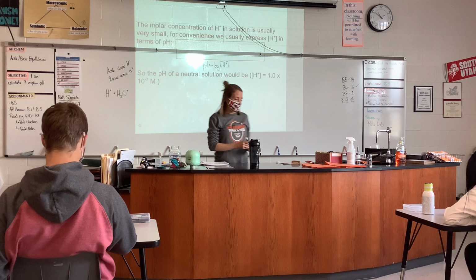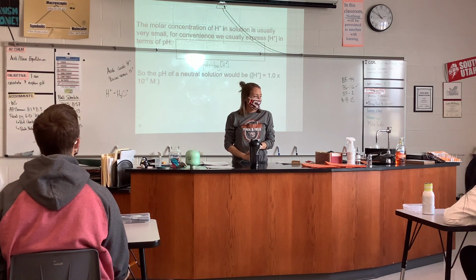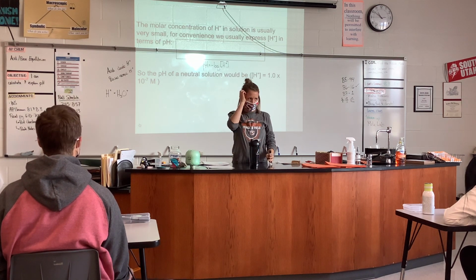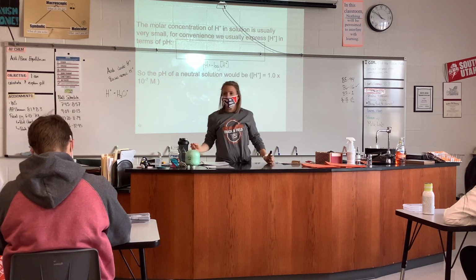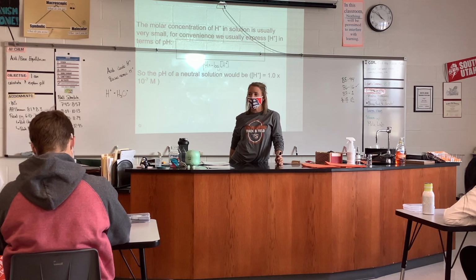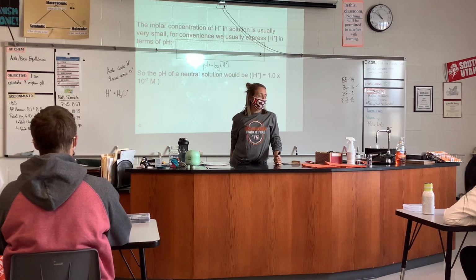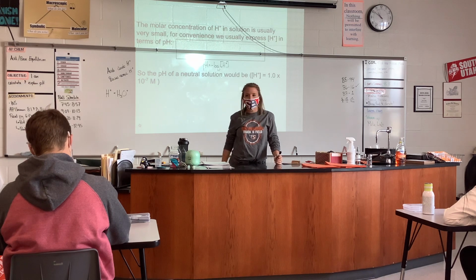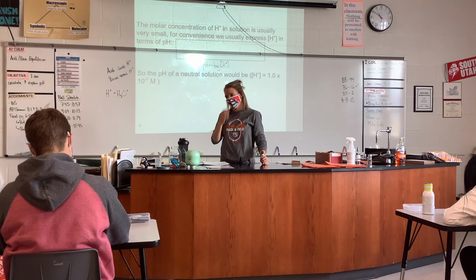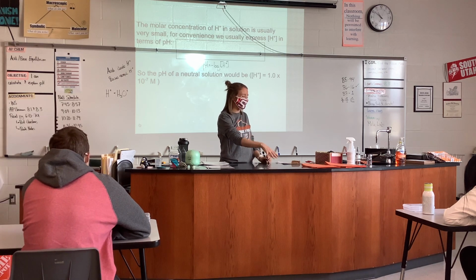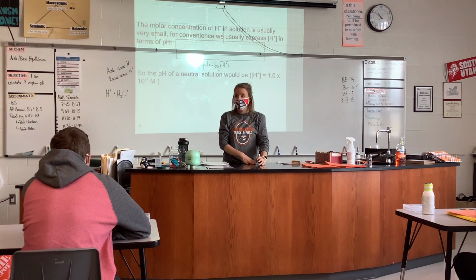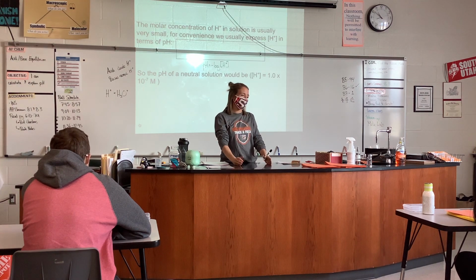Now, in case you have bad feelings towards the log, possibly from your past experience, there's really not much you have to do with it here besides push it on your calculator. And then slightly understand that it's a base 10 function. So what's important to recognize with it being logs is that the difference between a pH of 6 and a pH of 7 is 10 times the difference because it's a base 10 function.